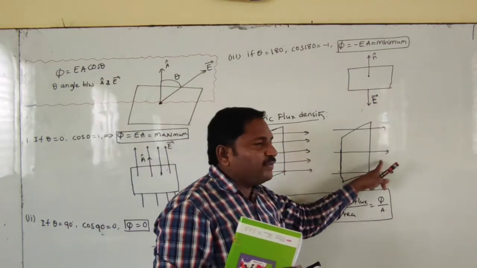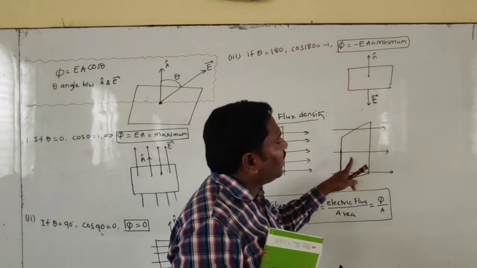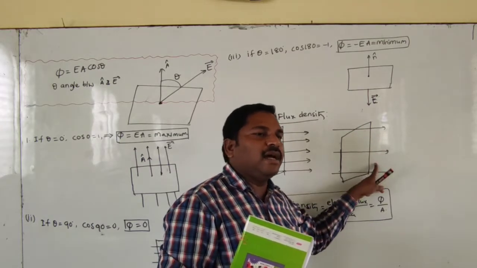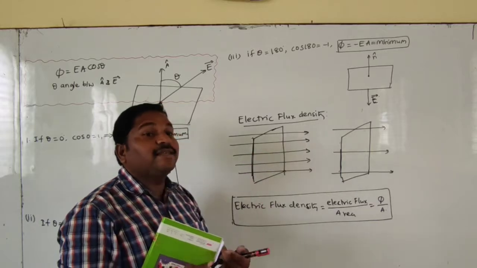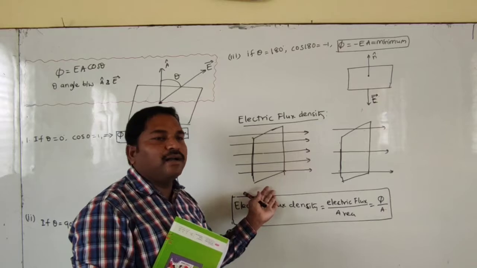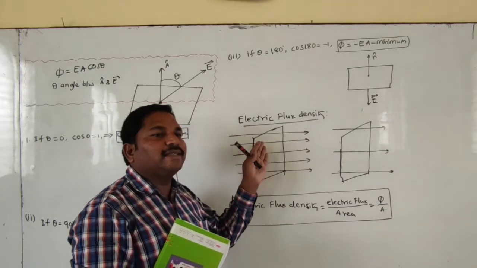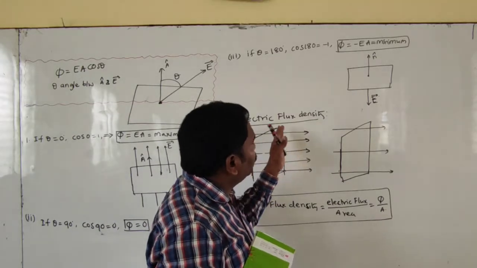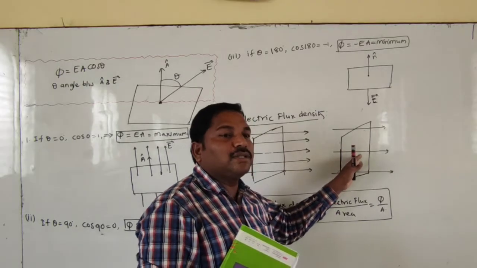Here a weaker field means fewer lines crossing the same loop, same surface area. So where is the flux density more? Flux density means flux per unit area. So here more flux per unit area is linked with the loop, and here less flux is passing through the loop.